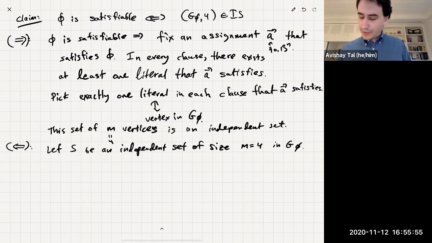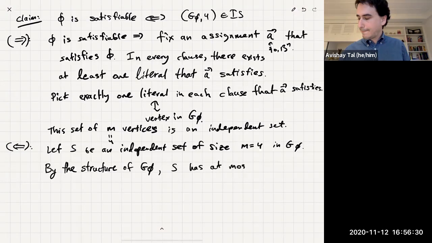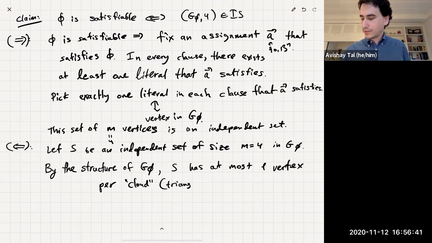So I'm going to look at all the literals that appear in the vertices corresponding to S. By the way we constructed this graph G, we know that S has at most one vertex per cloud or triangle, just because S is an independent set, so you cannot pick 2 vertices in the same triangle.